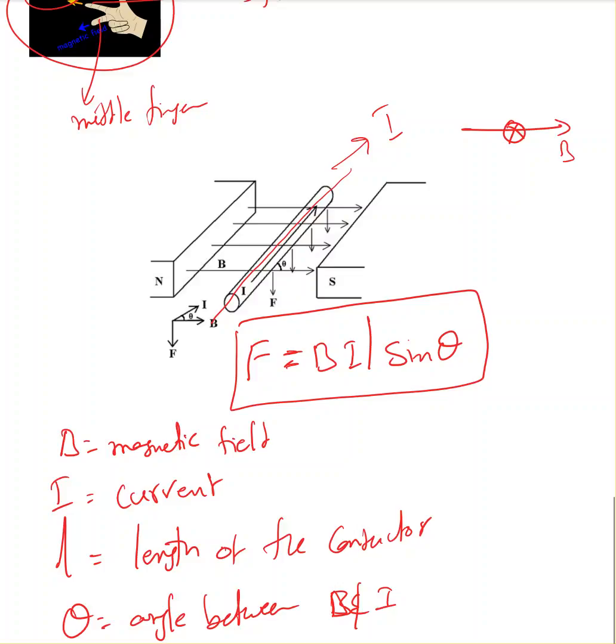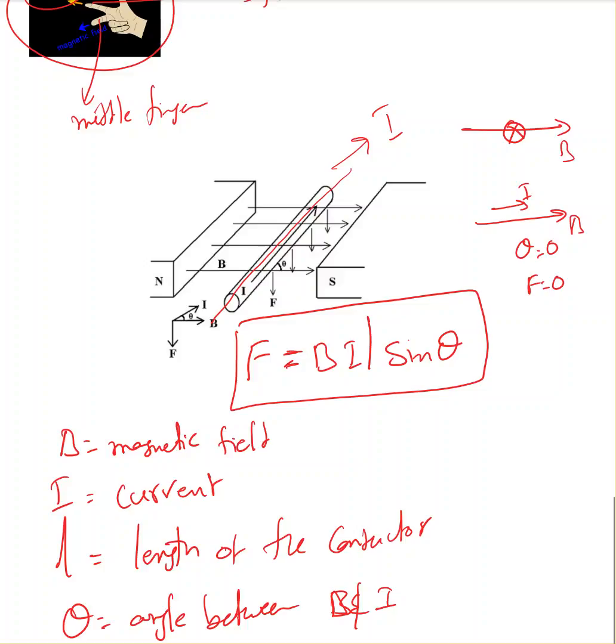Then we will see the maximum force. What if I have B and I in the same direction? Theta is 0 in this case, sine 0 is 0, so F equal to 0. So if you place a current carrying conductor perpendicular to the magnetic field, it will experience maximum force.